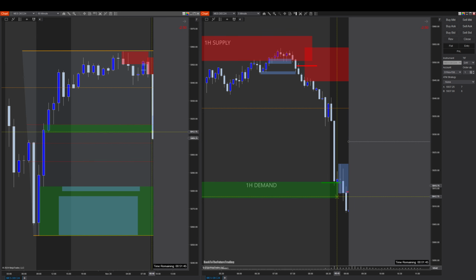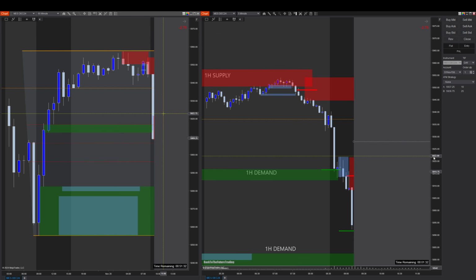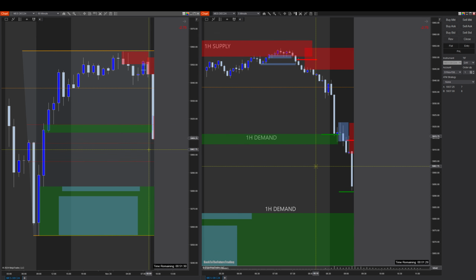This is created when we break this low here. So I will re-enter on a retest of the supply right here. We start pushing down some more. So our next targets are these areas down here.